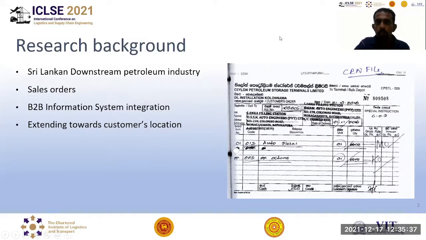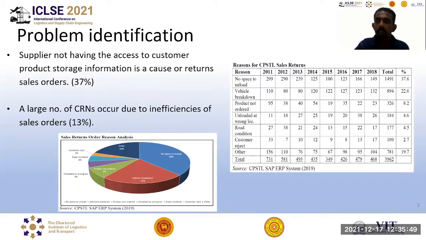The Sri Lankan downstream petroleum industry has two major marketing companies and one logistics company, which is CPSTL. Here we are dealing with how the sales order process is being used.